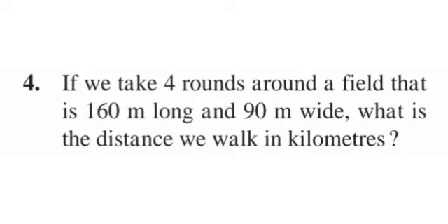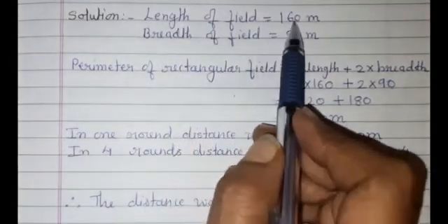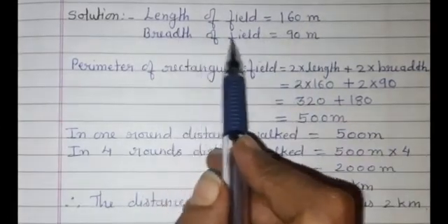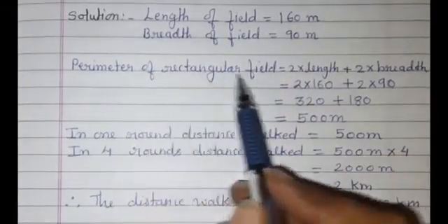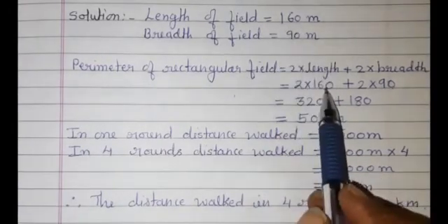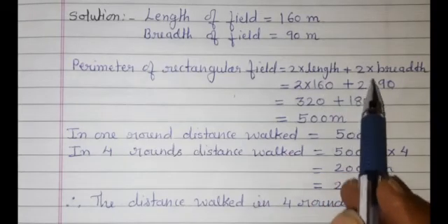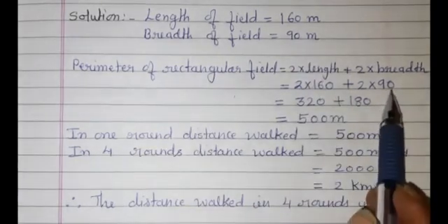Question 4. If we take 4 rounds around a field that is 160 meter long and 90 meter wide, what is the distance we walk in kilometers? Now in the solution, according to the question, the length of the field is equal to 160 meter, and the breadth of the field is equal to 90 meter. Now the formula: perimeter of a rectangular field is equal to 2 multiply length, which is 160, so write here 160, plus 2 multiply breadth, and breadth is equal to 90 meters, so here write 90.